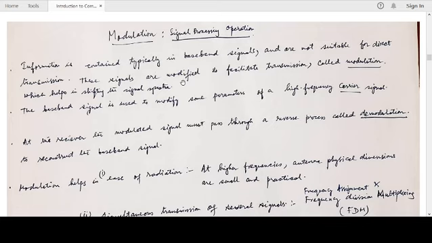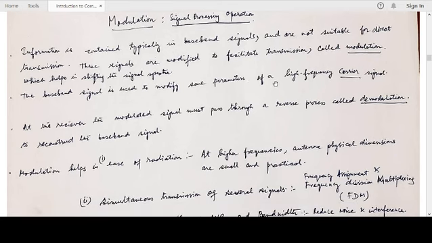There can be a linear shift, just a translation of the signal spectra, or a non-linear shift, which is angle modulation, frequency and phase modulation. The baseband signal is used to modify some parameters of a high frequency carrier signal.